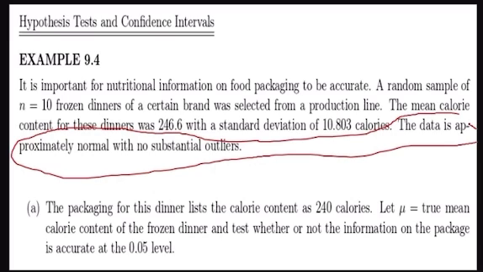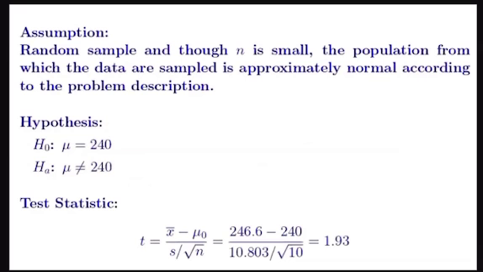So right now, we're fine because you've been told in the question that we're working with a normal population, irrespective of the sample size. That's no problem. Because of that, I'm going to say on the assumption side, we're fine.